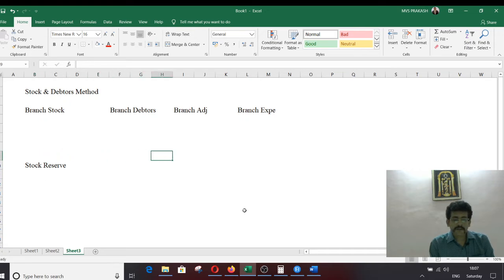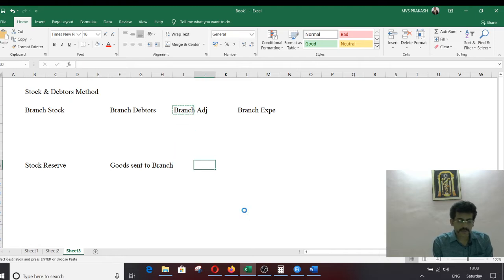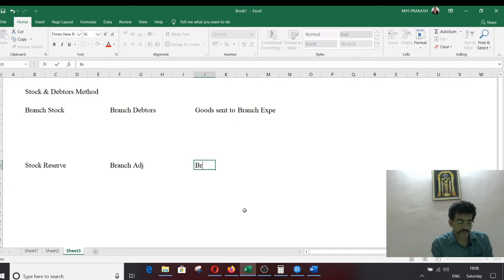Then finally, we know there is goods sent to branch. This is one more account you are supposed to prepare. Let me change the order here. Let me put goods sent to branch here. Then the branch stock reserve account, the branch adjustment account, and the other one is your branch profit and loss account.